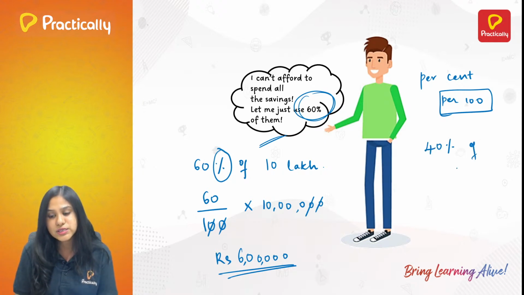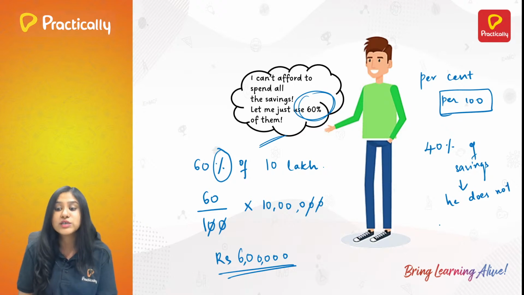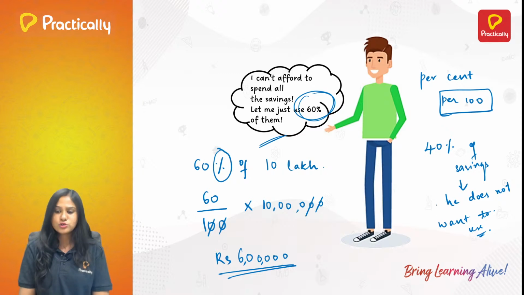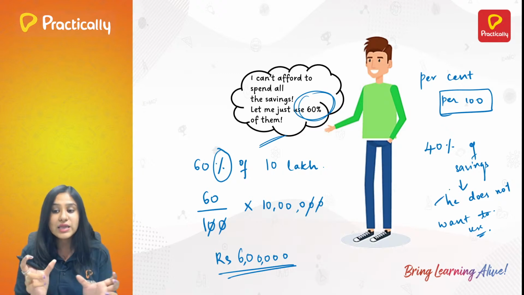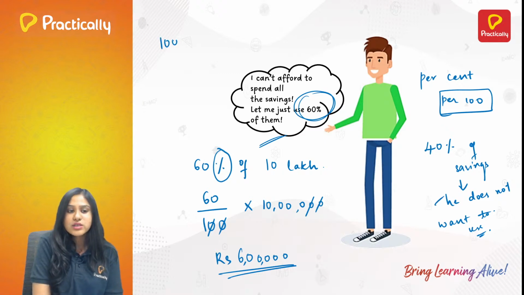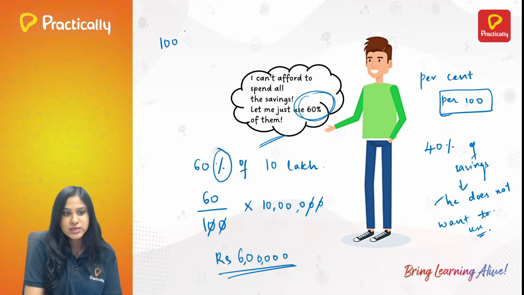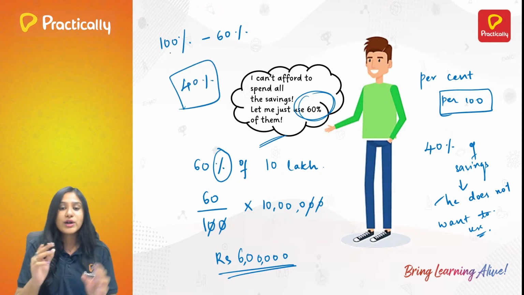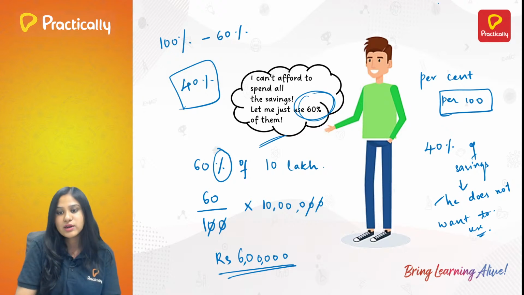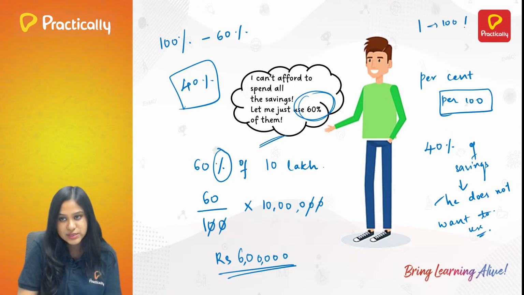For 40% of savings, he does not want to touch at all. So why is it 40%? Because the total is nothing but 100%, correct? 100% minus 60%, it's nothing but 40%. Whatever it is, a whole means 1, it is nothing but 100%.